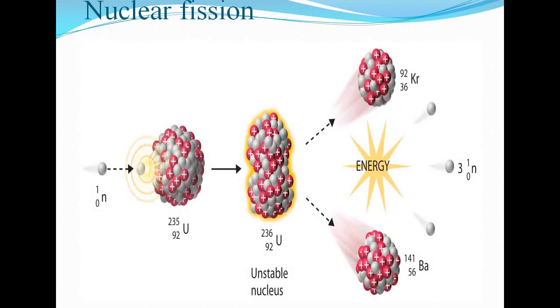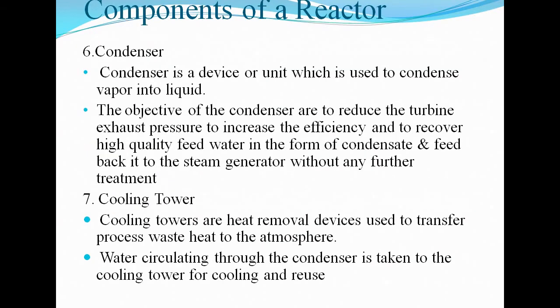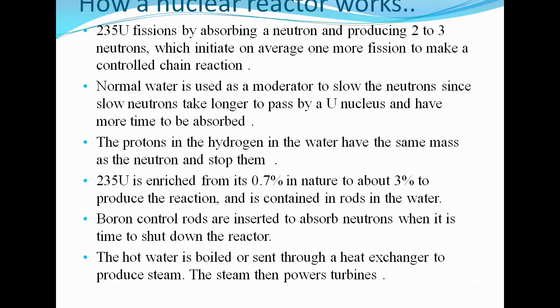Here you can see that neutrons are bombarded on uranium. Normal water is used as a moderator to slow the neutrons, since slow neutrons take longer to pass by a uranium nucleus and have more time to be absorbed.